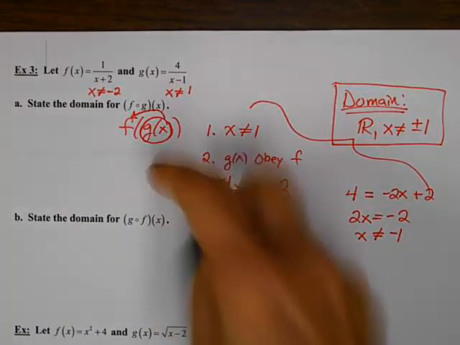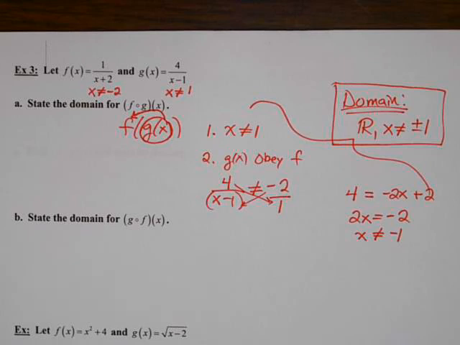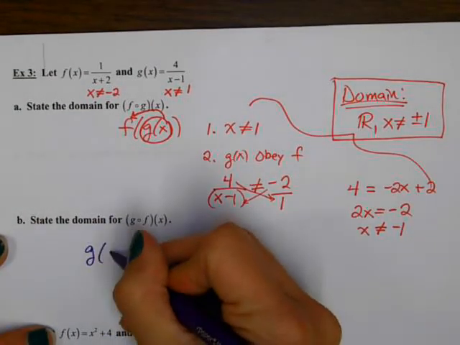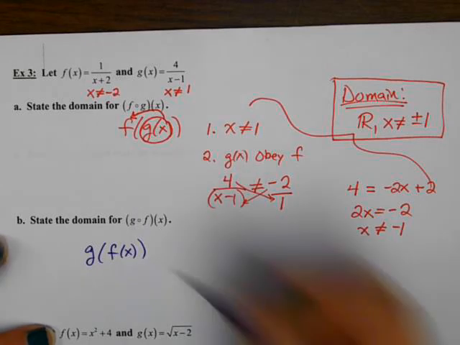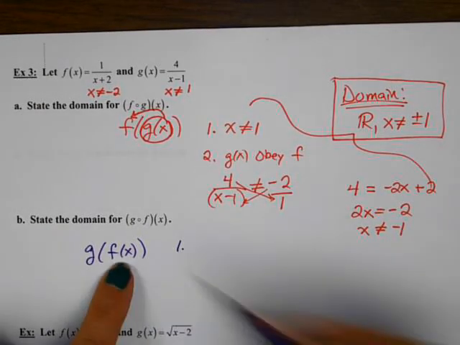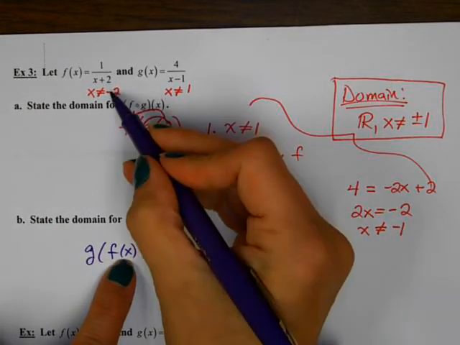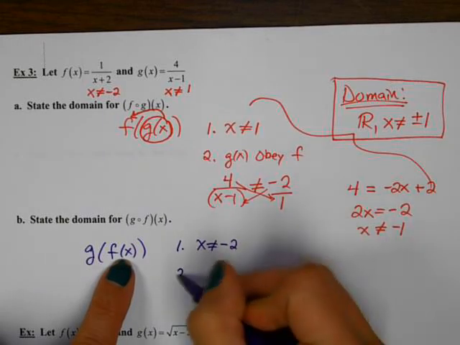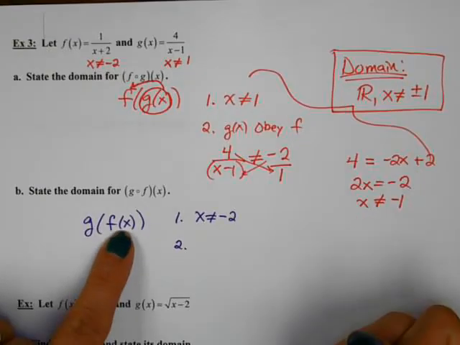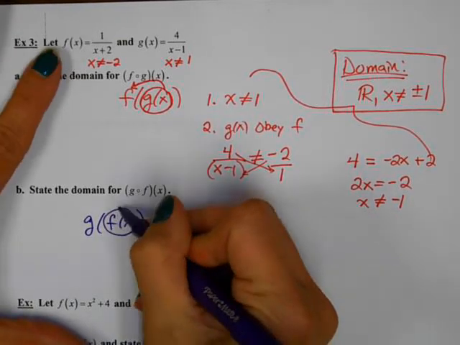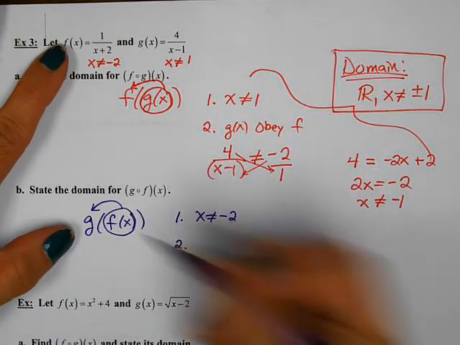Okay, let's do the same problem the other way and see what we get. Now it wants us to do g of f of x. So step 1. What's the domain for f? x's cannot equal -2. Step 2 is the harder step. The f function goes into g. f is the little one.